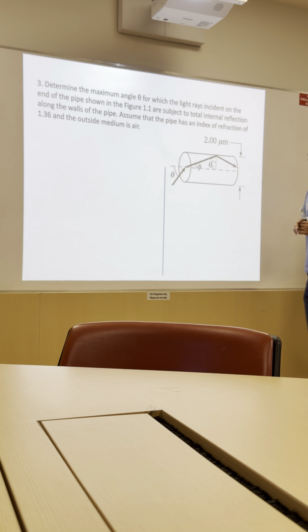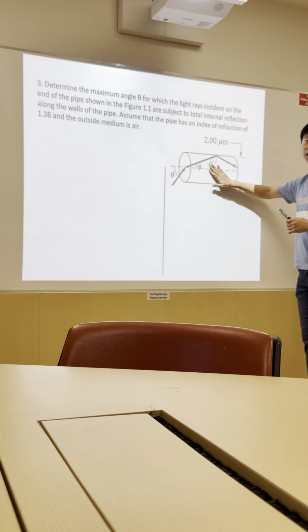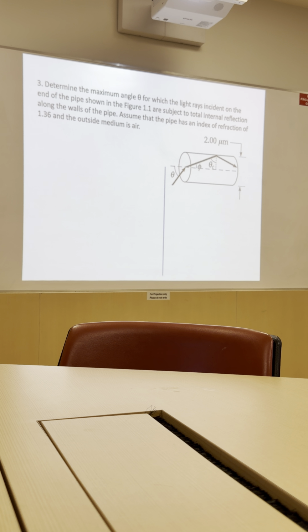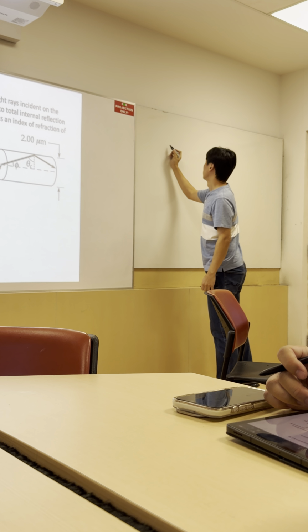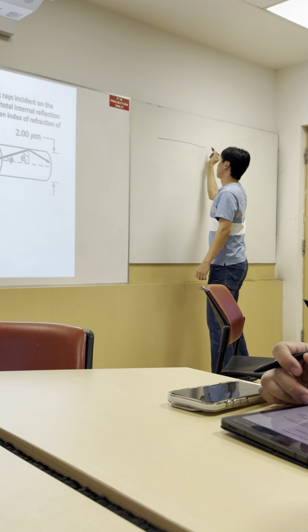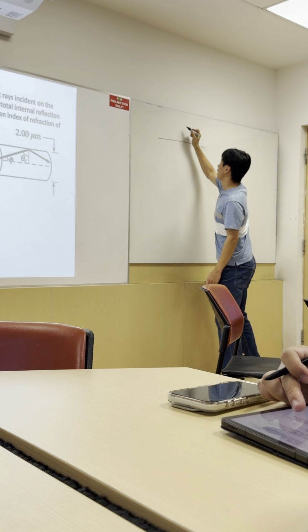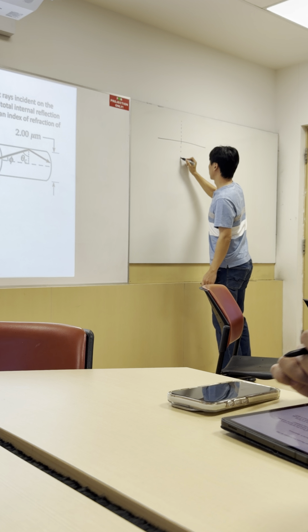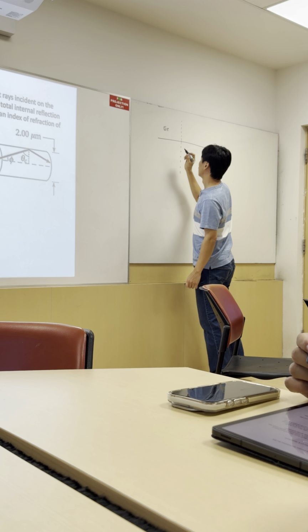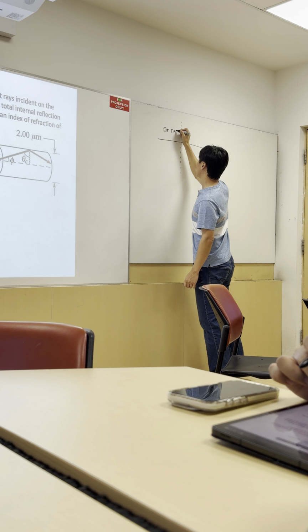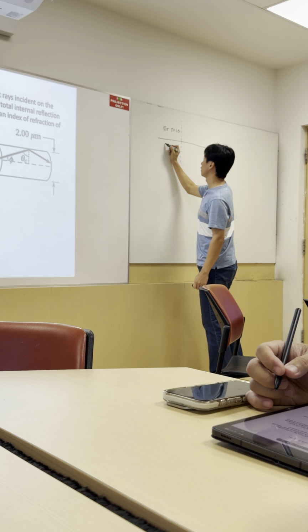So how can you define the critical angle of total internal reflection? Now we have an interface right here, and we have the vertical line. This is air, n equals 1.0, and this is glass.